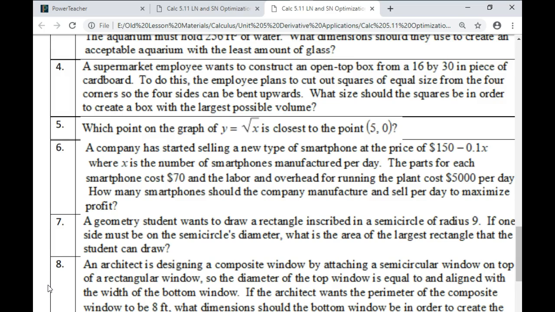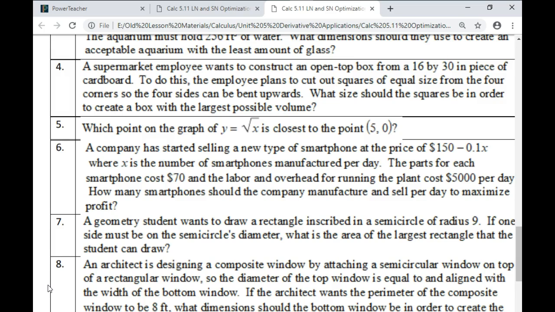Now, for those of you guys that have trouble visualizing that, I have constructed one here, but it's not 16 by 30. You cut out these squares out of the corners here and fold those up. You see you get a box, right? All right, so that's what they're saying. That's not how anybody really makes boxes, but we're going to pretend that's how they make boxes for this word problem.